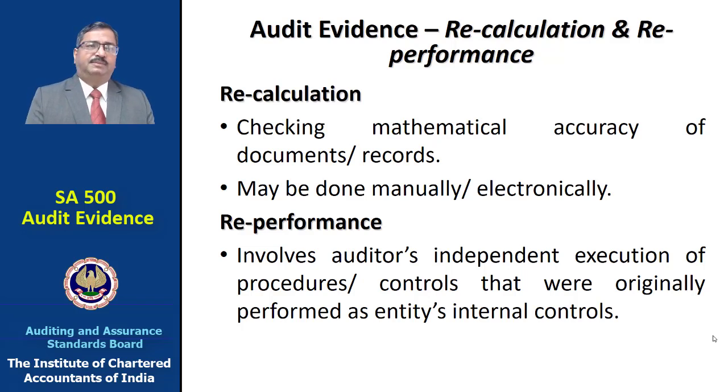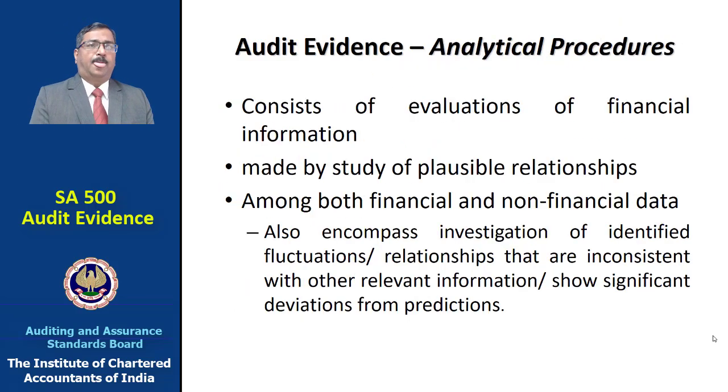This may be done manually or electronically. If the auditor finds certain discrepancies, then he may independently execute certain procedures. He will also try to see what controls were originally performed at the internal control level of the entity, and subsequently re-perform this activity in order to conclude on his opinion.